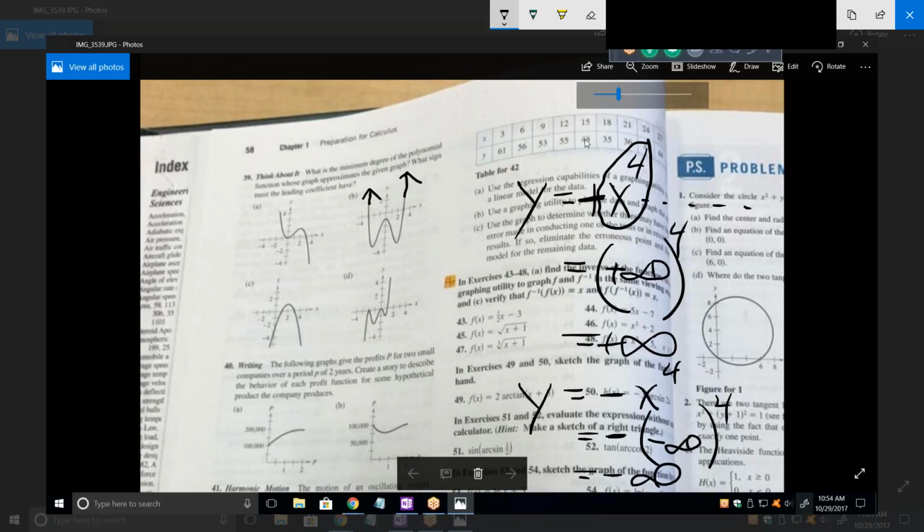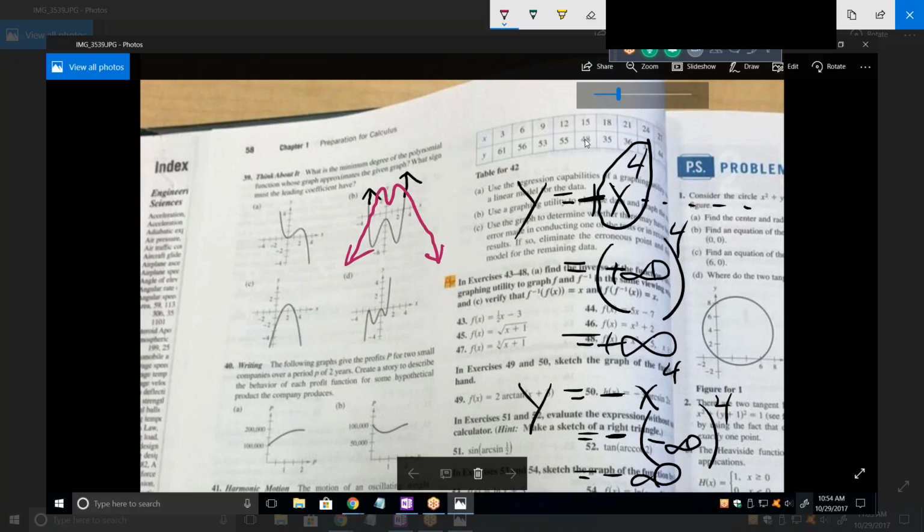So a quartic that would have a negative coefficient would start down there and end down there. In other words, I would basically reflect over the x-axis. You're coming up from negative infinity and you're going back down to negative infinity.